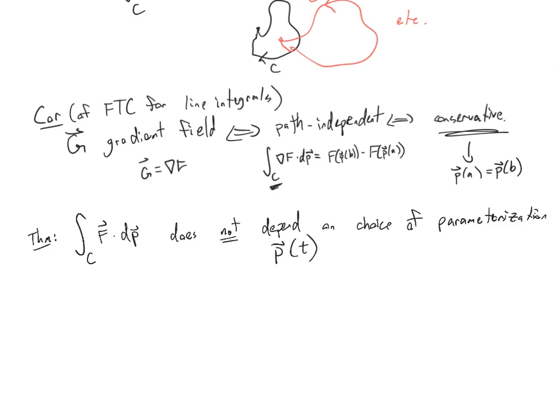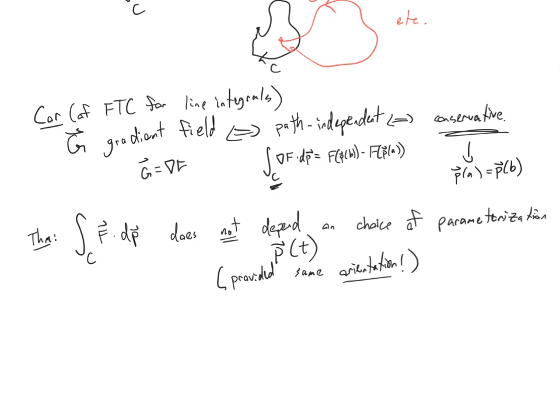for C. So if you and your friend both compute different parameterizations of a curve, provided they have the same orientation, then you are going to get the same value for a line integral.